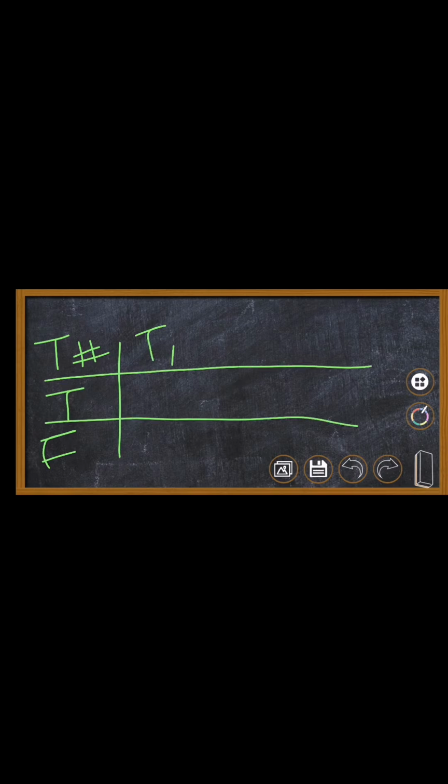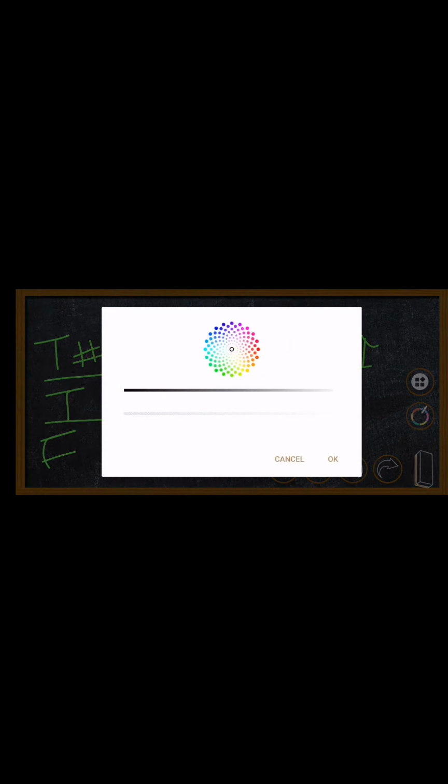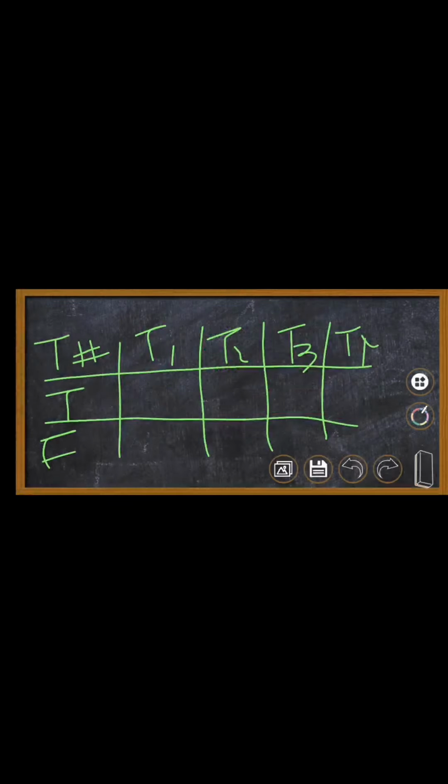So we have T1, T2, T3, T4, and T1 we say it is 6, T2 we say it is 1, T3 we say it is negative 4, T4 we say it is negative 9.